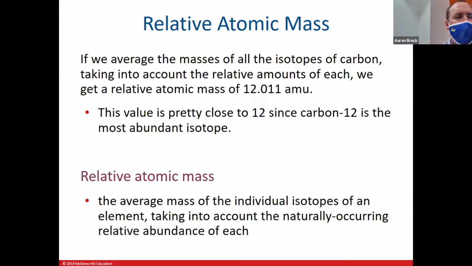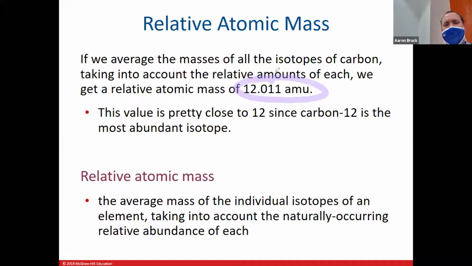So we are told by our periodic table that the relative atomic mass for carbon is 12.011 AMUs. Now, as far as carbon is concerned, we know that carbon exists in primarily 3 isotopes. There's carbon 12, carbon 13, and carbon 14.